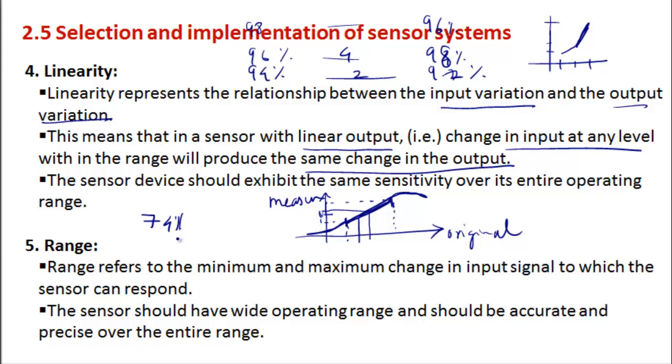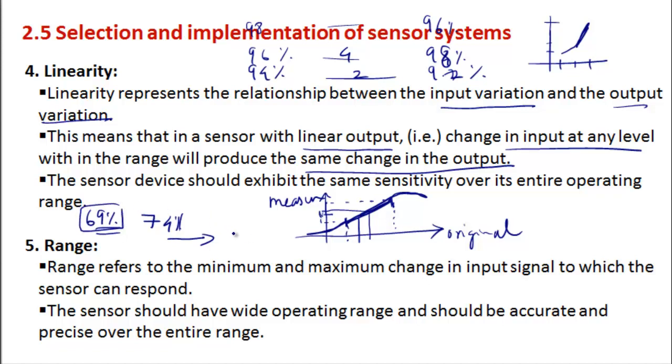That means if its value comes above 74 percentage, you can say that its value will be somewhat correct. But if your reading is showing 69 percentage of oxygen level, then you cannot rely that this is a correct measurement. Its value may be even low, or even high. You cannot say that. Why? Because the reading is outside the range.